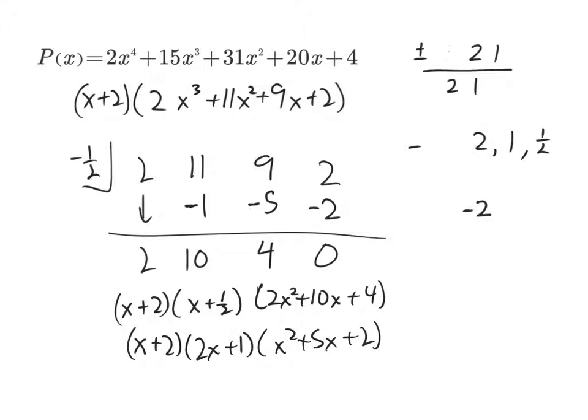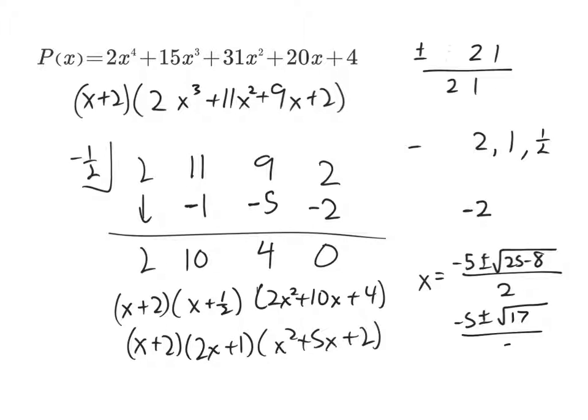Now, I'm not going to check anything else because I just want to use the quadratic formula. So you get x equals negative b plus or minus the square root of b squared, 25, minus 4ac, which is 8, all over 2a, which is 2. So you end up with negative 5 plus or minus the square root of 17 divided by 2.